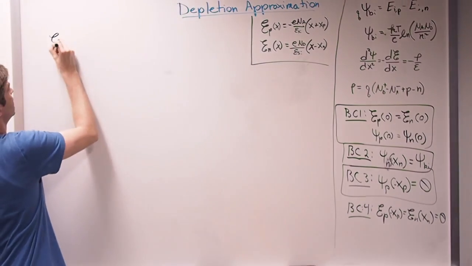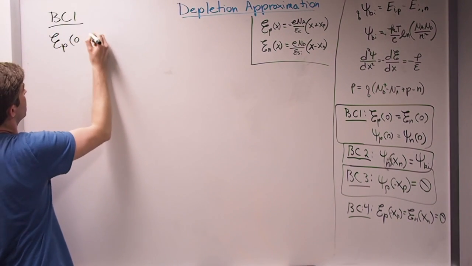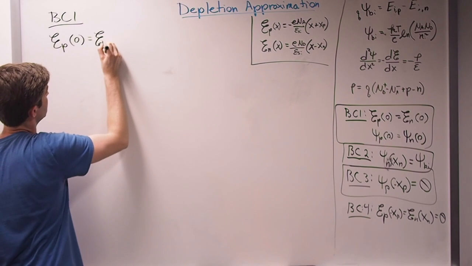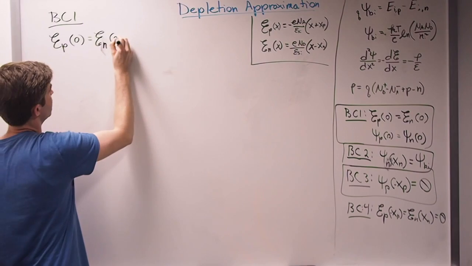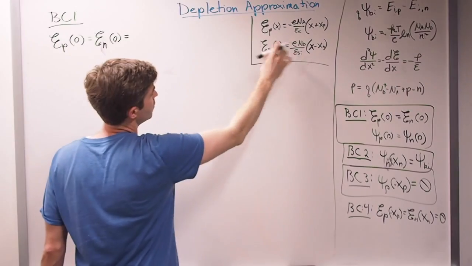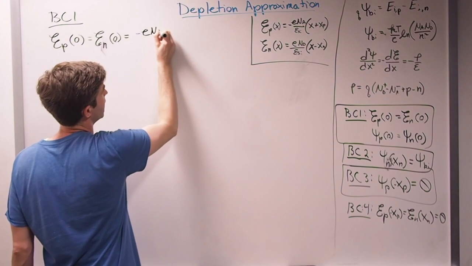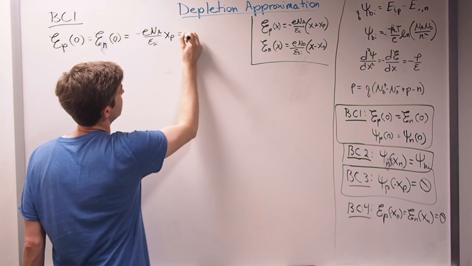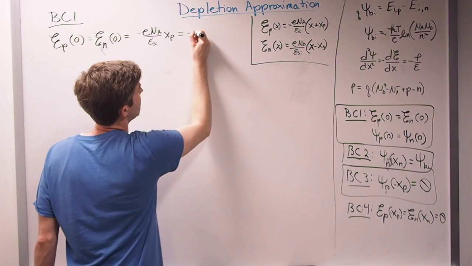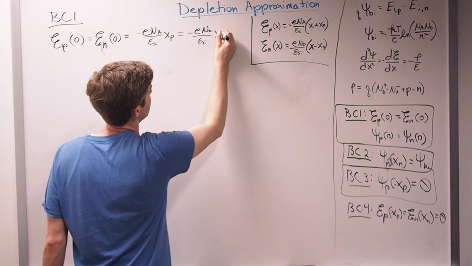So I can say E p of 0, this is BC1, equals E n of 0, which is going to be equal to negative E N A over ESI x p is equal to negative E N D over ESI x n.